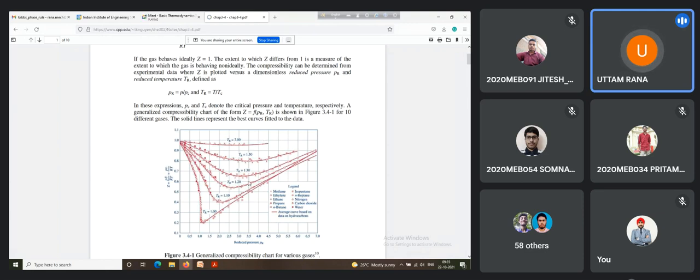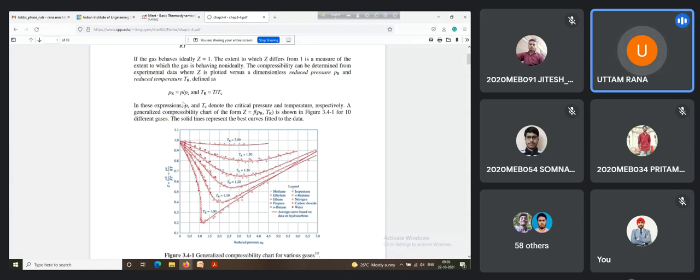This kind of curve. Now, it is observed that many of the gases follow similar patterns. Why is this reduction done? This reduction is done to represent various kinds of gases together. If you plot Z as a function of pressure for different temperatures for a single gas, it will give a curve like this one.